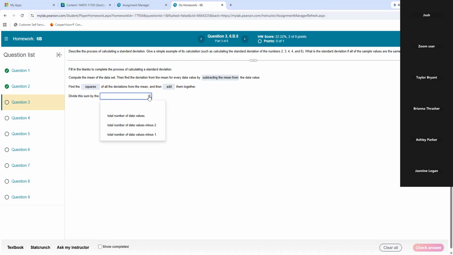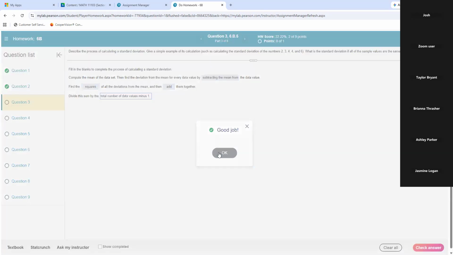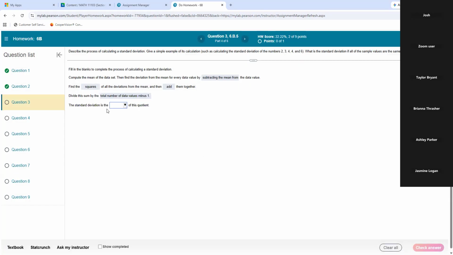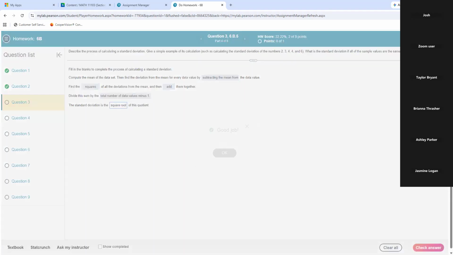And y'all, guess what? We did the total data values minus 1. And y'all, the last step was the standard deviation is the square root of that quotient. So y'all, it's just like the 5 steps we had a while ago.